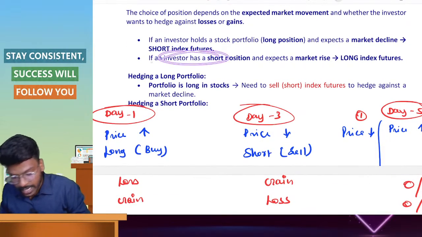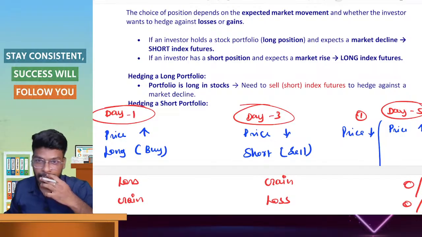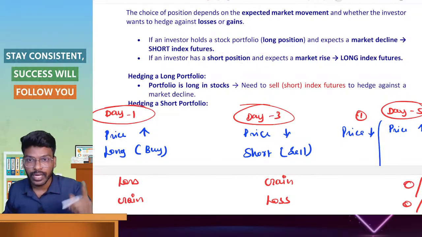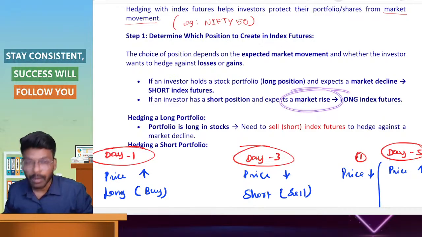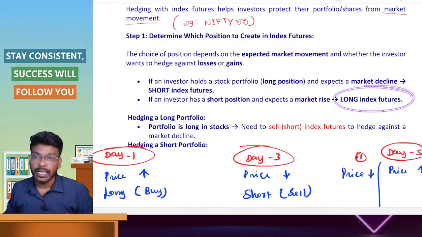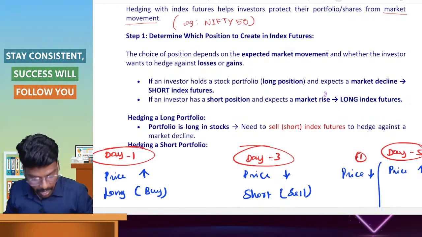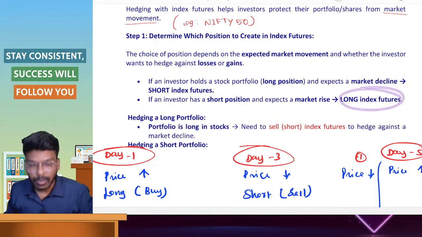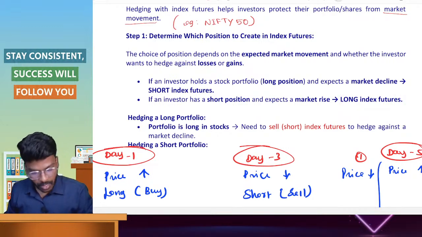Next, if an investor has a short position in a stock portfolio, that is a sell position, and he expects that the market price will increase, he will go for a long position. Market rises means the index price will increase; market declines means the index price will decrease.